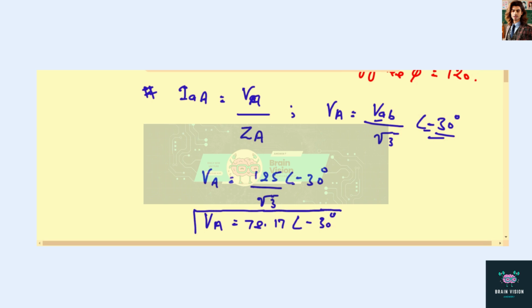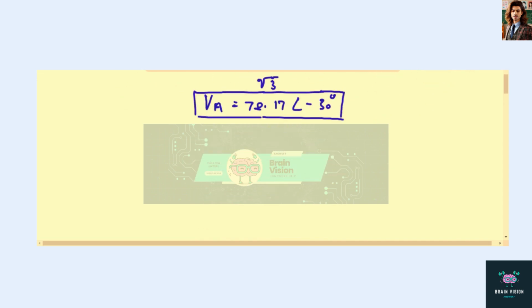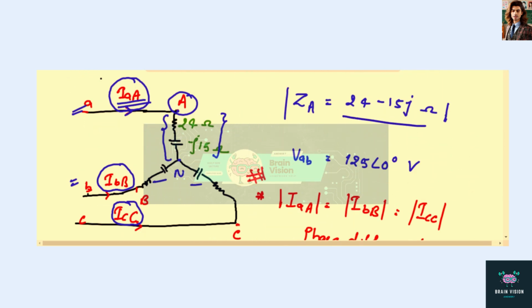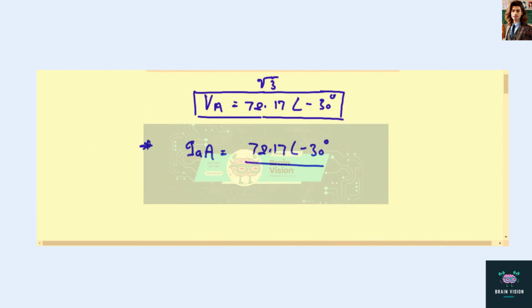Now if I put the value of V_A into this formula, I will get I_aA, the line current. I_aA will be 72.17 angle minus 30 degrees over the impedance 24 minus 15j.